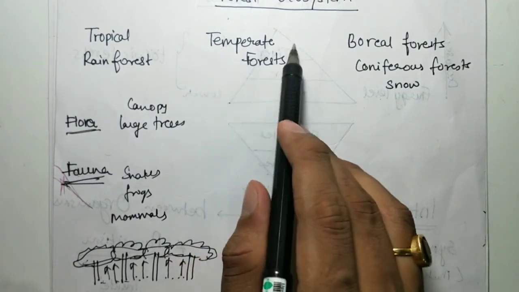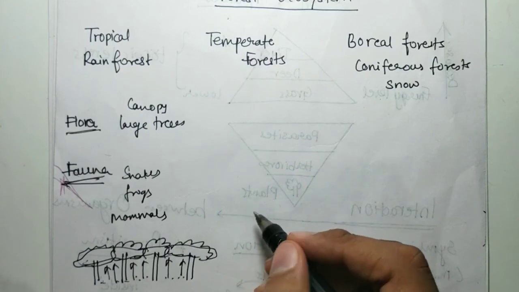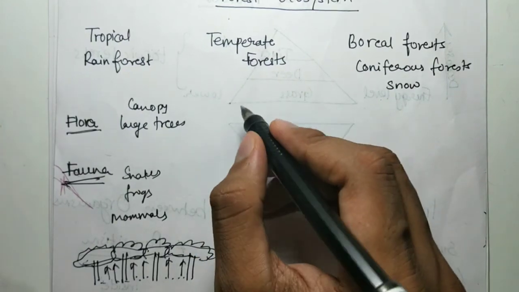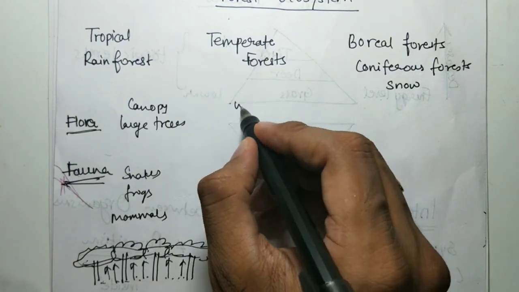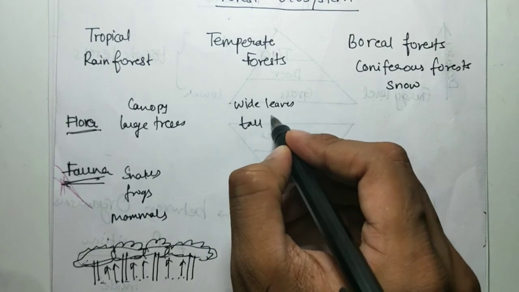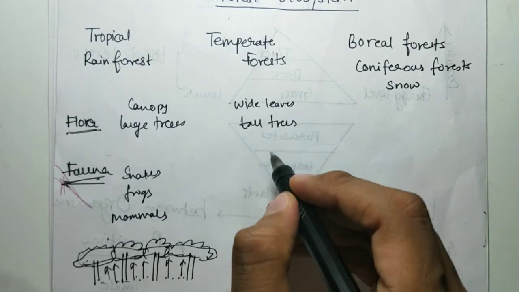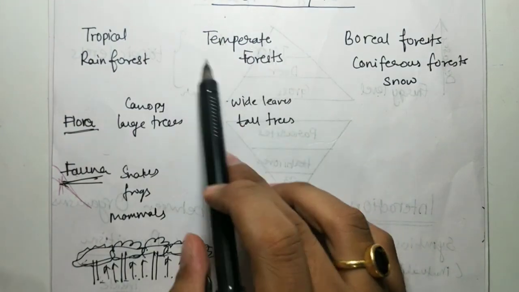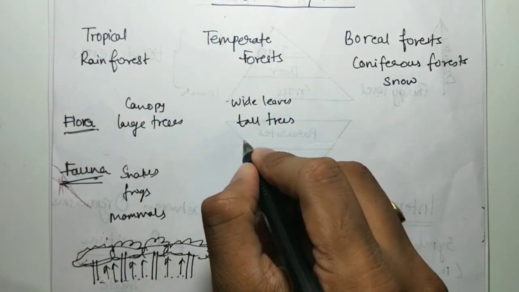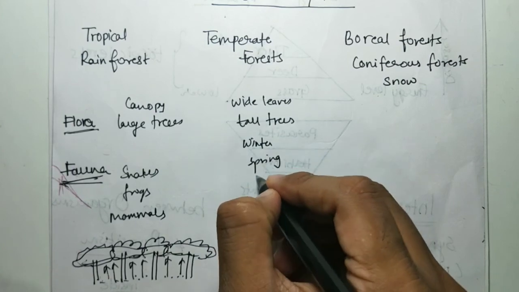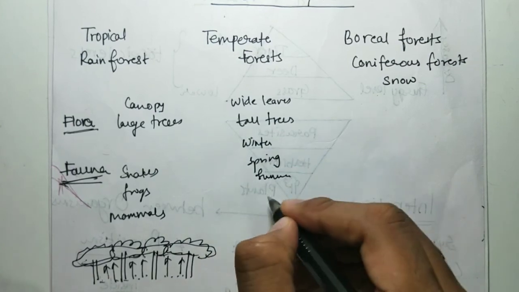Now there are temperate forests, which are found in the northern and southern hemispheres. They have tall trees, they have wide leaves, and in the temperate forest there are four seasons. You know the seasons: winter, spring, summer and autumn.